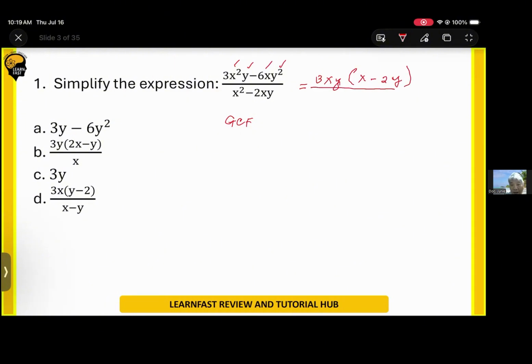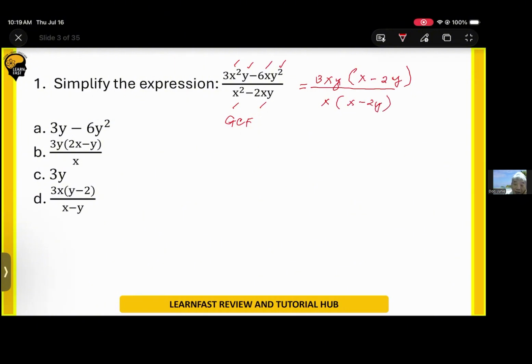also, you have to factor the denominator by pulling out the greatest common factor. Between x squared and x, the greatest common factor is x. So you have now x times the quantity x minus 2y.